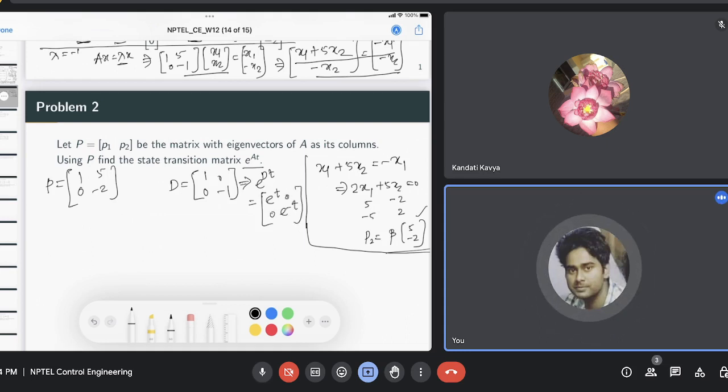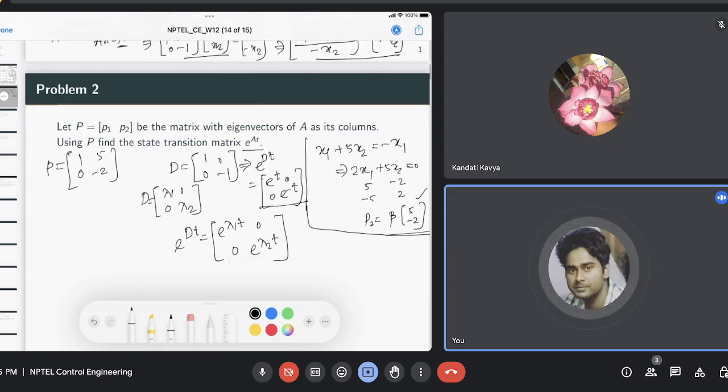If the diagonal matrix is lambda 1, lambda 2, these are the eigenvalues of the matrix, then the corresponding state transition matrix e to the power Dt will be just e to the power lambda 1 t, e to the power lambda 2 t. So each eigenvalue is raised to the exponential power, and the off-diagonal elements will be 0. That's how we compute the state transition matrix for a diagonal matrix.